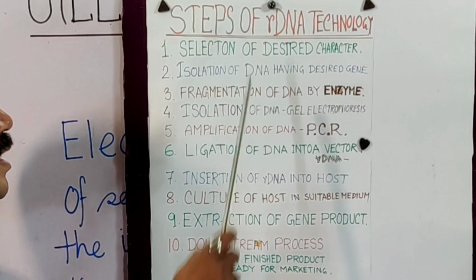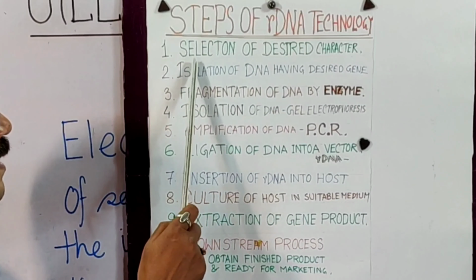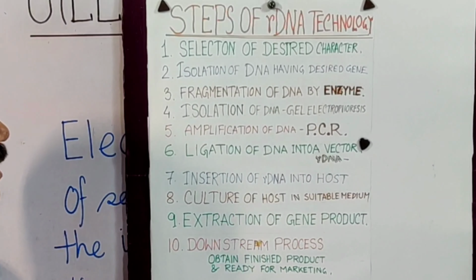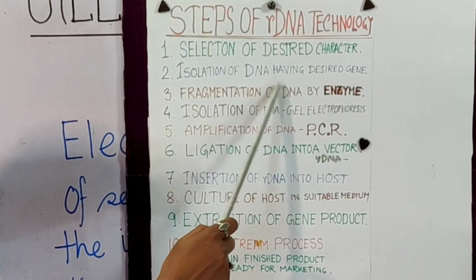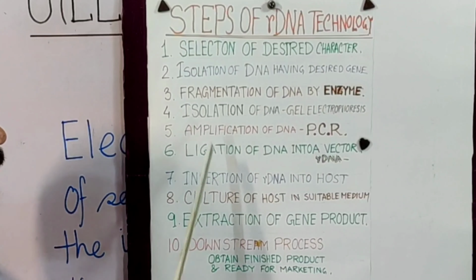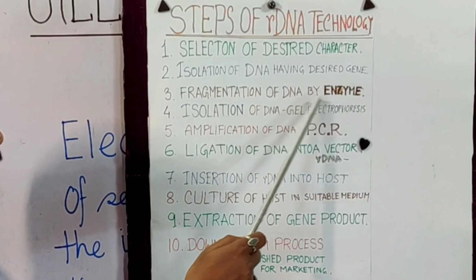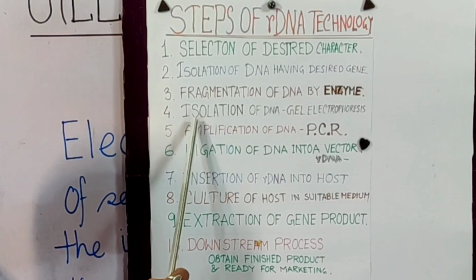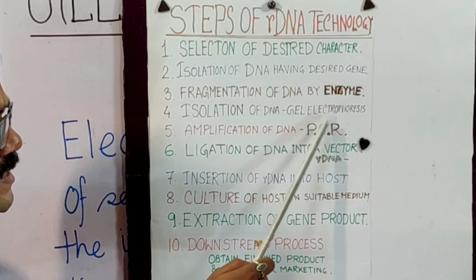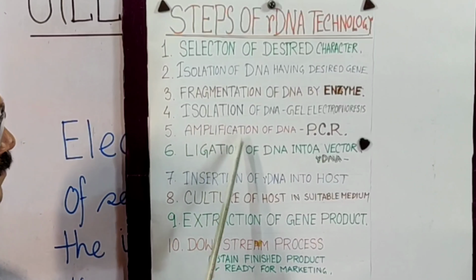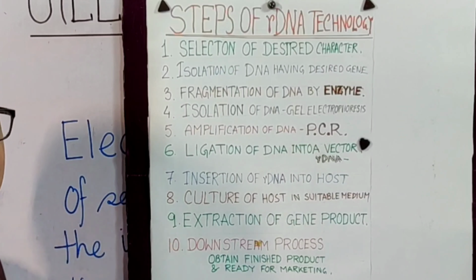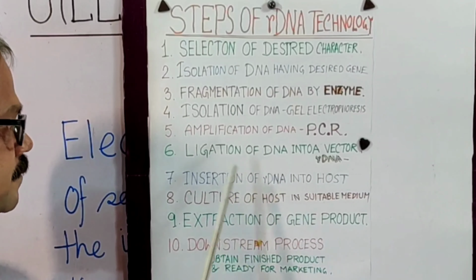In this recombinant DNA technology, the first step is selection of the desired character. Second, isolation of the DNA having the desired gene. Third, fragmentation of DNA by enzyme. Fourth, isolation of DNA by gel electrophoresis. Fifth, amplification of DNA by PCR, that means polymerase chain reaction.